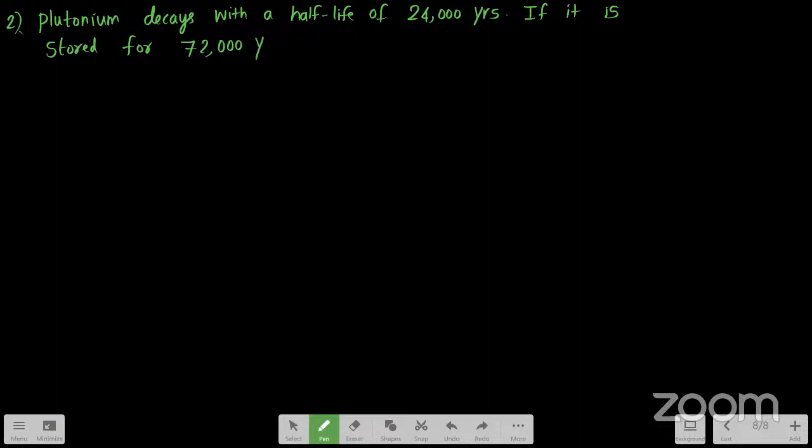If it is stored for 72,000 years, what fraction of it remains?